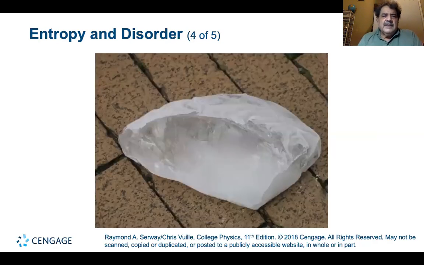So the entropy, ice is a very ordered system because it's cold. There's not a lot of movement, so it's a very ordered system. It's very unlikely that it would transfer energy to the bricks underneath.